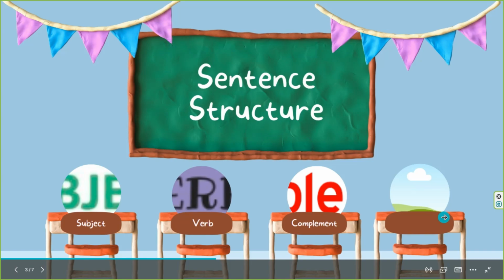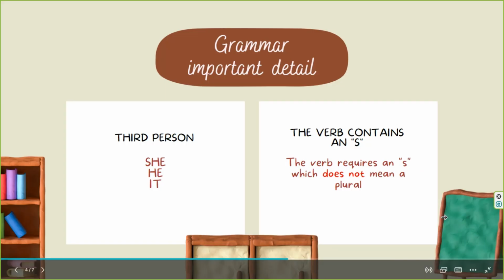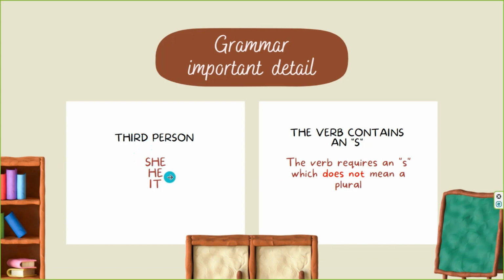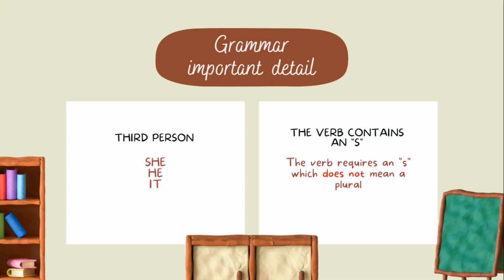Now, on the other part, we are going to remember this little detail, okay? The third person, she, he, and it, will require the word s into the verb. Very important. But just like I put here, it does not mean under any circumstance that we are using a plural. It's just one of the conditions.